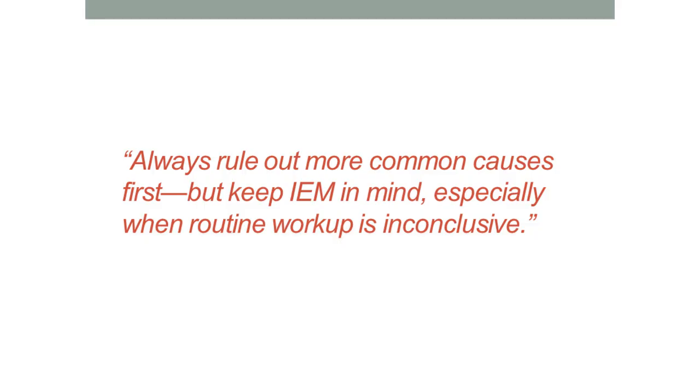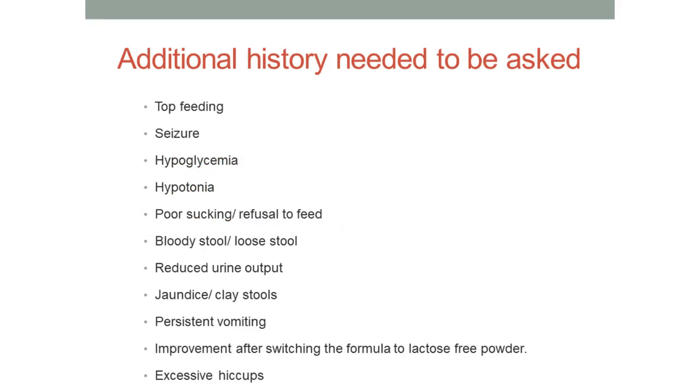So once you see a sick child not responding to conventional treatment and the labs are not fitting into any of the common diagnoses, you start taking additional history. So you need to ask about top feeding, as it can be a cause of sepsis, or sometimes some metabolic disorders do present after initiation of feed.